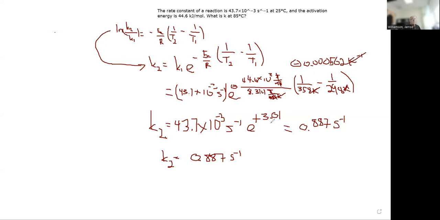I got e to the positive 3.01. When I did that, I got like 20.28. And so this is about 20.28 times this gave me 0.887.